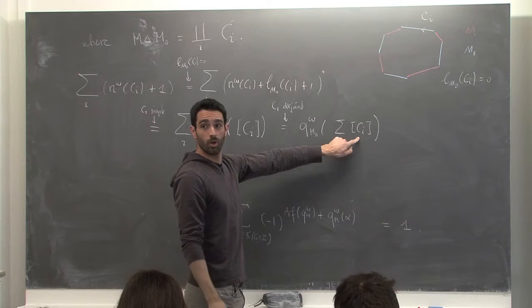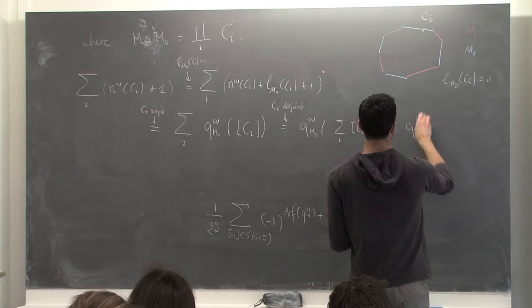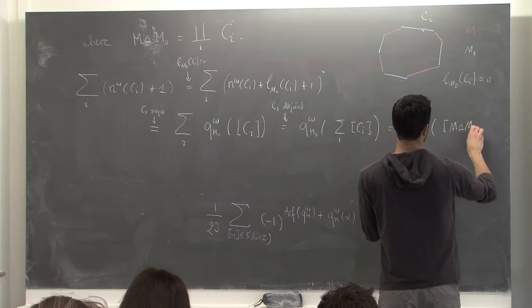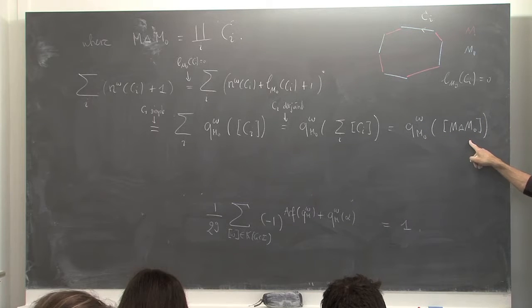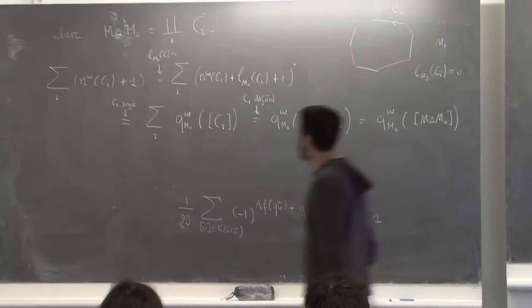But the sum of the classes of the CIs is simply the homology class of the difference. And so now if I put everything together, what do I get?